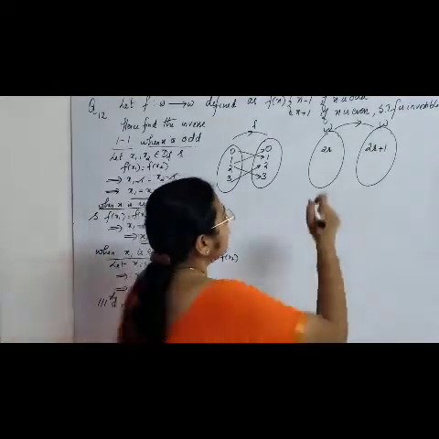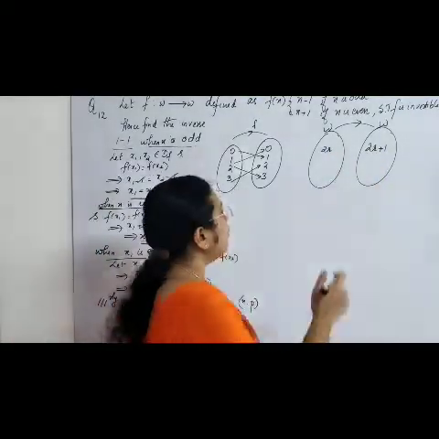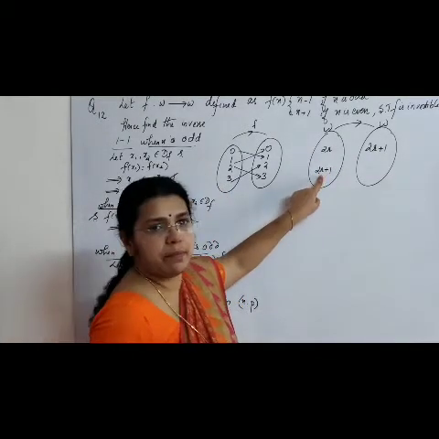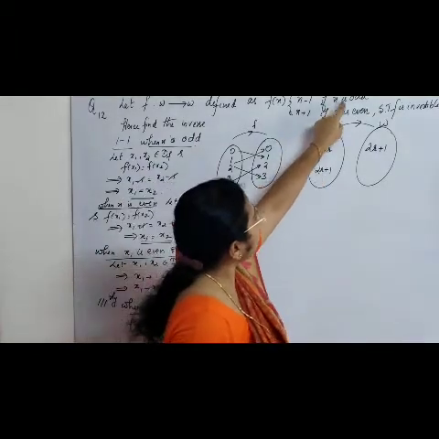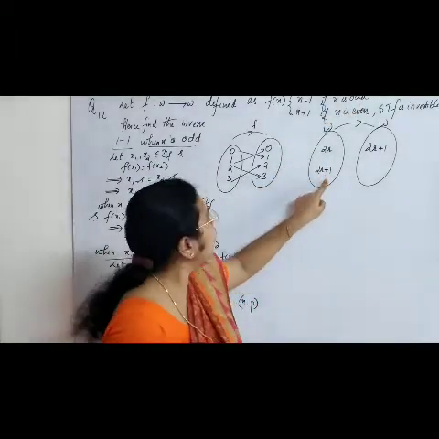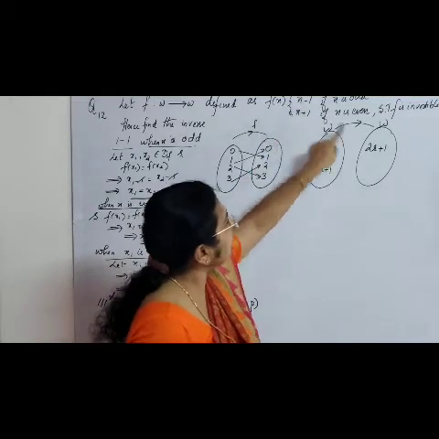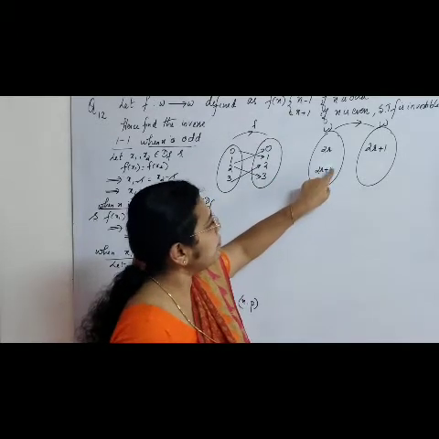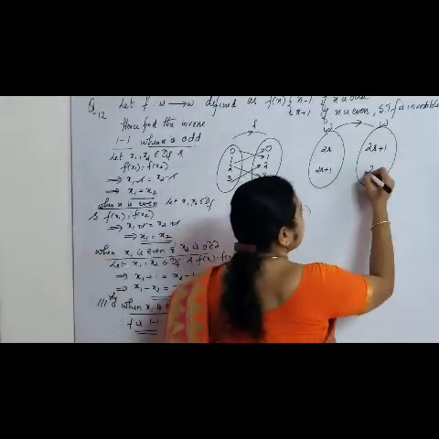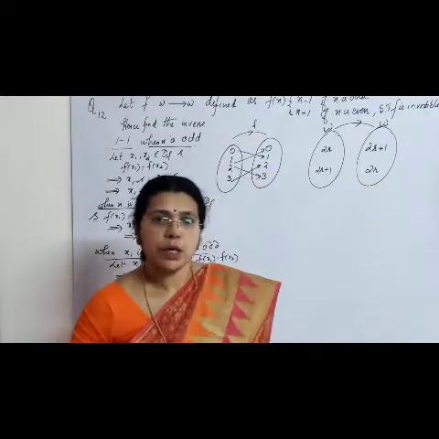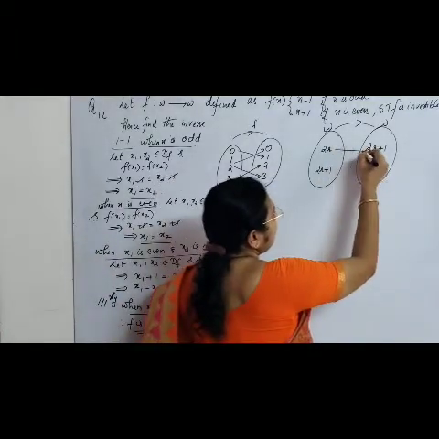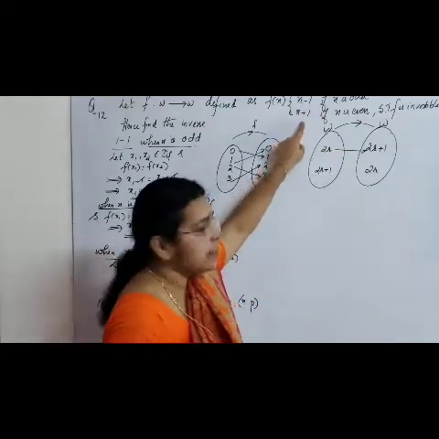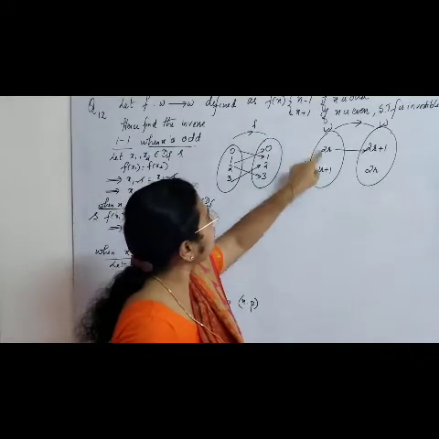So this is the even number. Consider the odd number 2r plus 1. When it is an odd number, what is happening? When n is odd, the image is n minus 1. That is 2r plus 1 minus 1, which is 2r. So here 2r, being even, is mapped to 2r plus 1, and when n is odd, it is mapped to n minus 1.